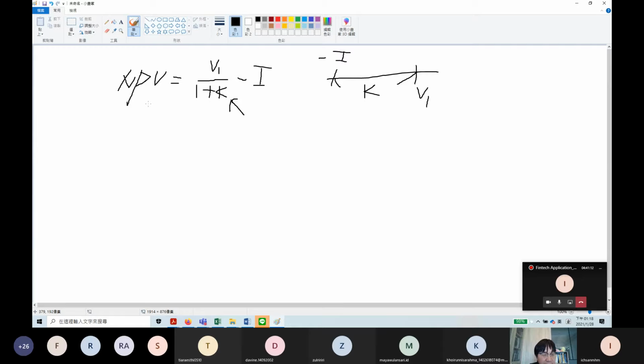Last time, I did not mention how to calculate K, right? One famous method to calculate K is the capital asset pricing model.